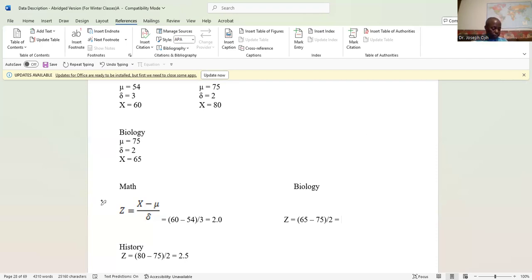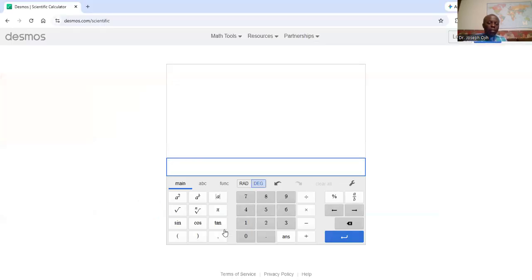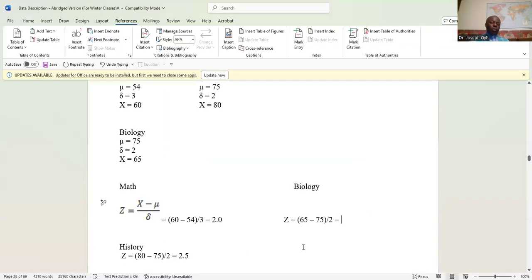Did you get it? 65 minus 75, divided by 2, is negative 5. So when it's negative, that means it's below average. When it's positive, it's above average, or it's equal to the average.